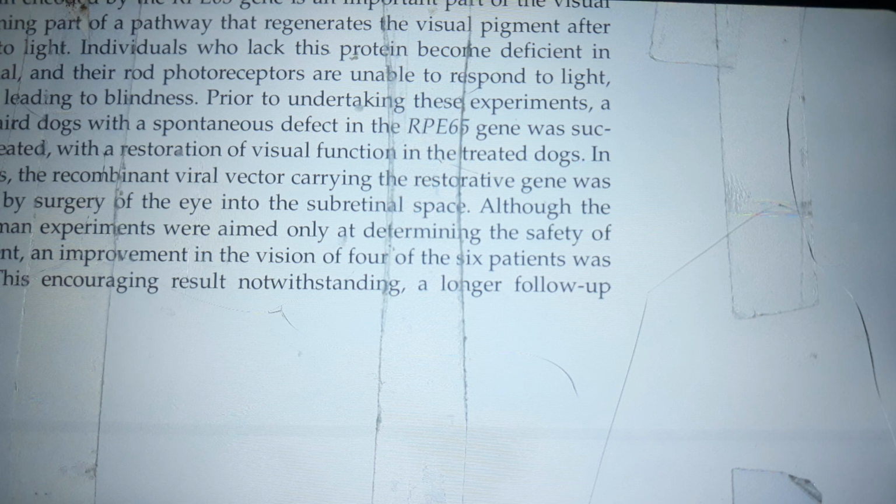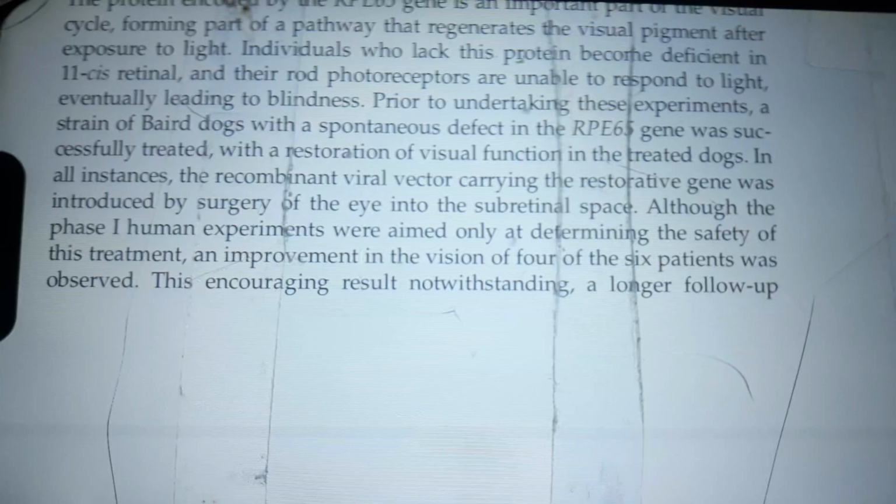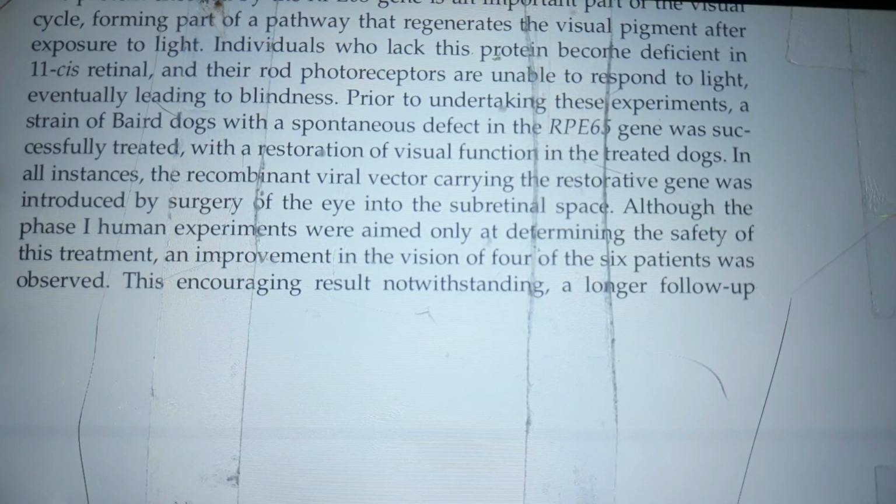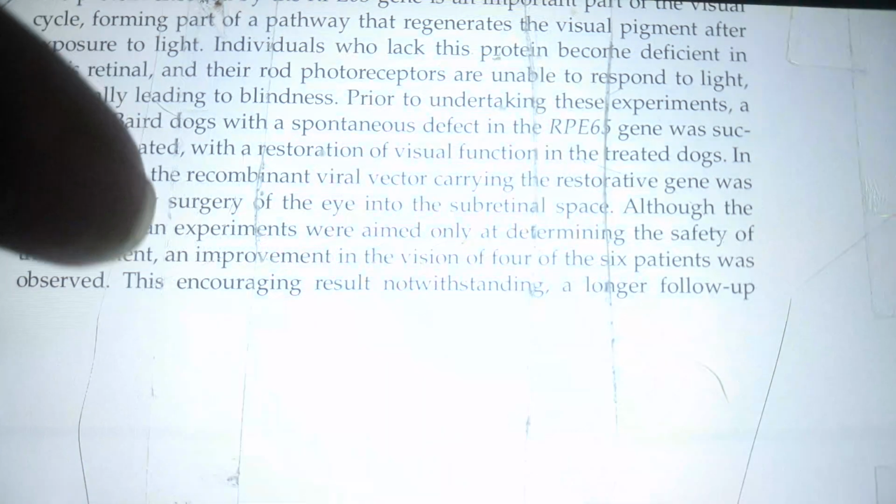Although the phase 1 human experiments were aimed only at determining the safety of this treatment, an improvement in the vision of 4 of the 6 patients was observed. This encouraging result notwithstanding, a longer follow-up is needed.